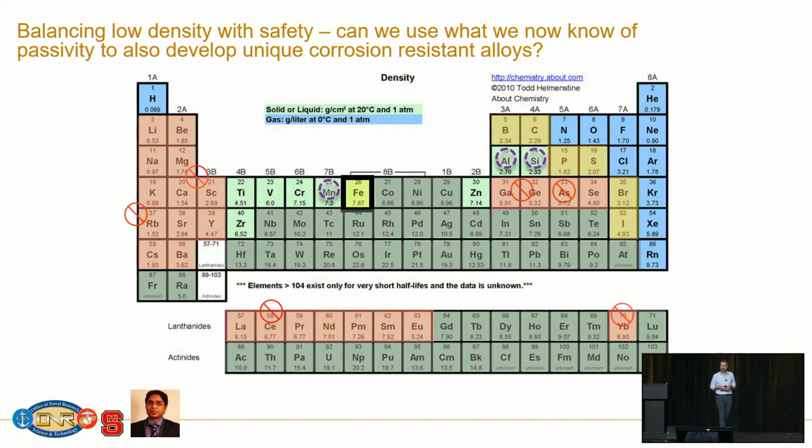Very low density, but also could be made of commodity elements. So if you think about what is at a junkyard, right, you're going to have old cars, you're going to have old tires, we won't use the tires, but you're going to have copper wire, you're going to have things like aluminium alloys from window frames and so forth. So can we literally use junk and make high entropy alloys that are going to be corrosion resistant if all we need to achieve is passive films with unoxidized metal and so forth?